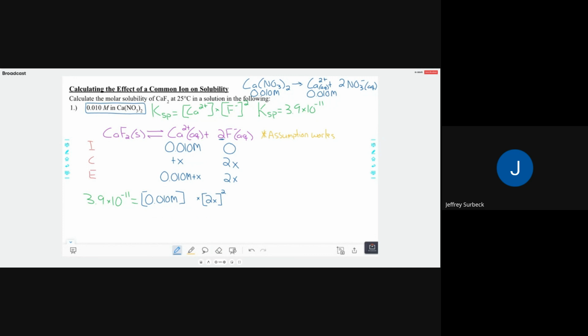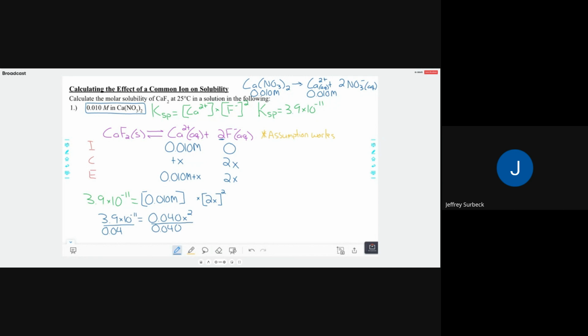So when I consolidate this, I end up with 3.9 times 10 to the negative 11th equals 0.04 x squared. Now we divide each side by 0.04.